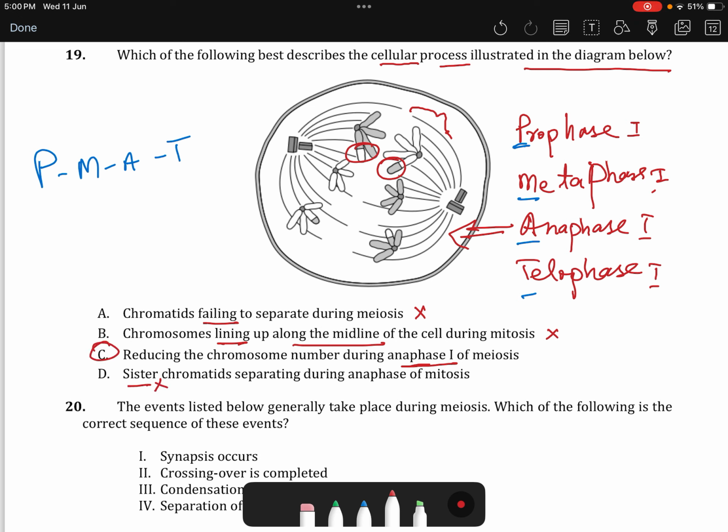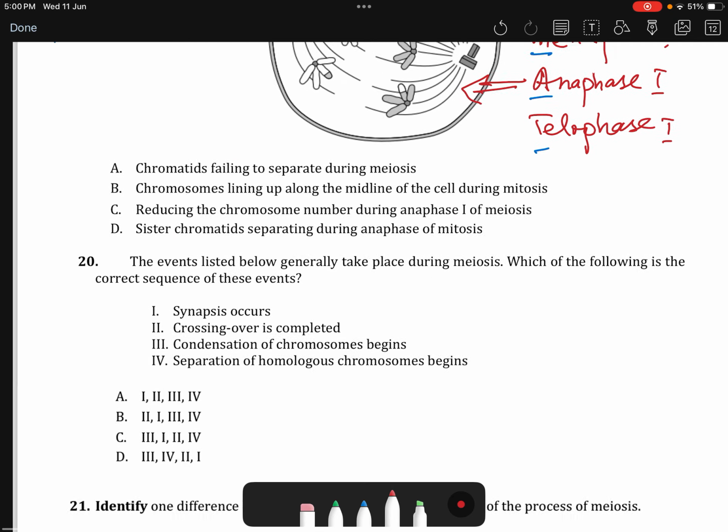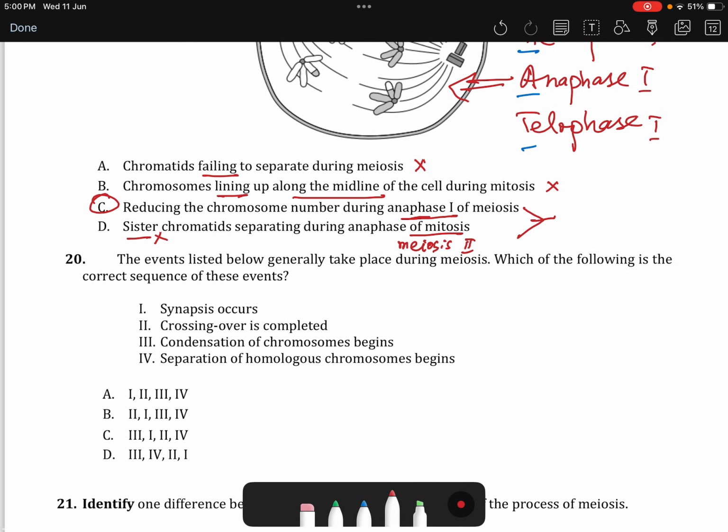No, we don't see sister chromatids, we can see homologous chromosomes here. Sister chromatids separate during anaphase of mitosis or meiosis 2. So this is also a difference between anaphase 1 and anaphase 2. So C is the answer.